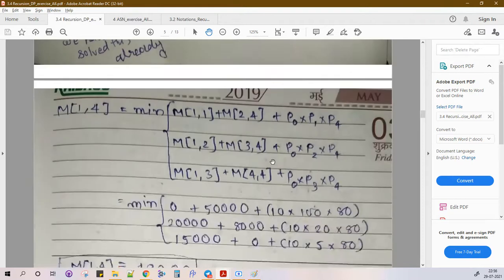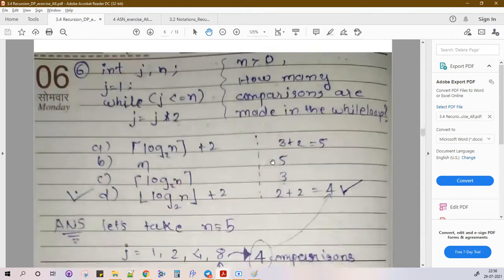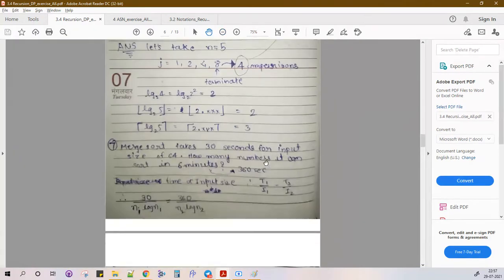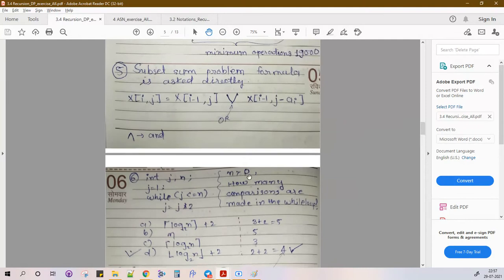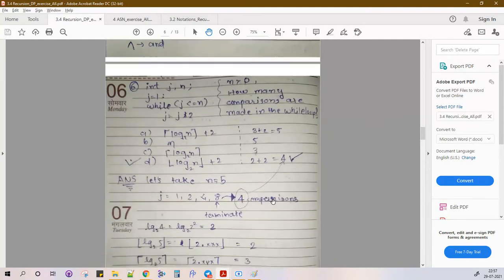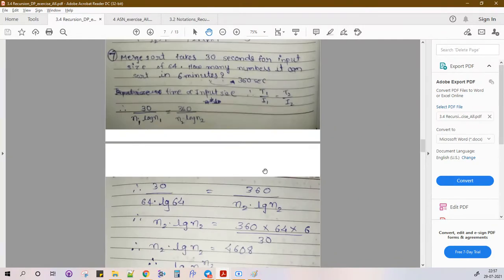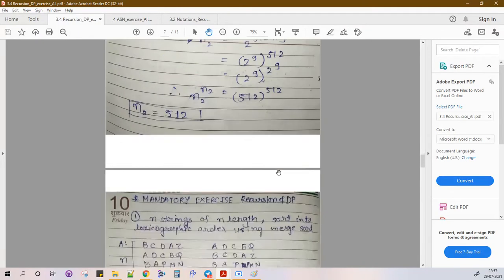We have one more problem in the exercise. These asymptotic notations, I am not taking it. We will solve all the mandatory exercise problems. This is the solved problem that was given in the class, right? Merge sort, take this much of thing and this much of thing.